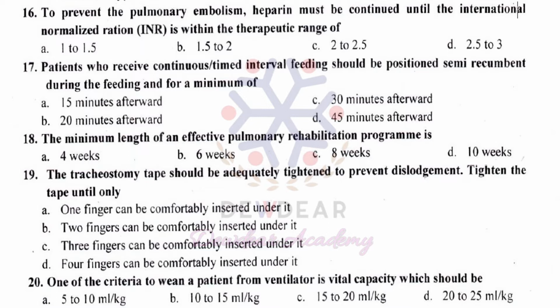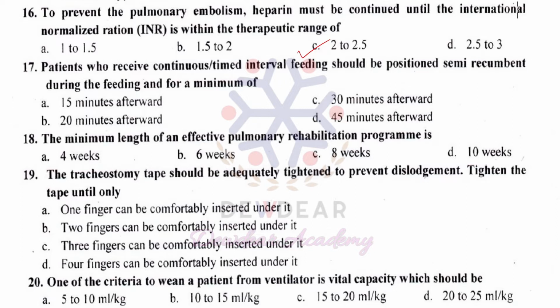So till what range of INR do we have to administer heparin? Here the answer is 2 to 2.5. INR range of 2 to 2.5 is the therapeutic range in which the heparin must be continued to prevent the pulmonary embolism.